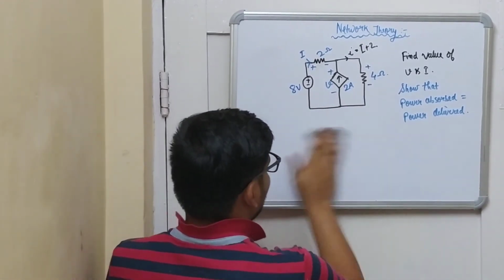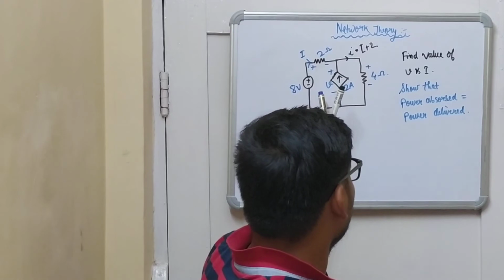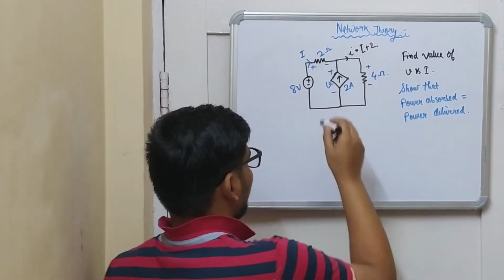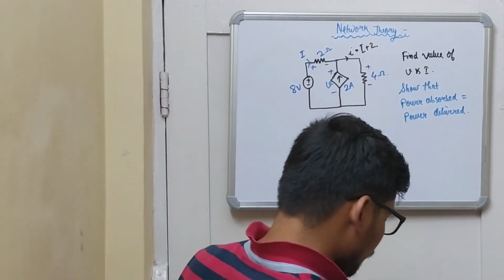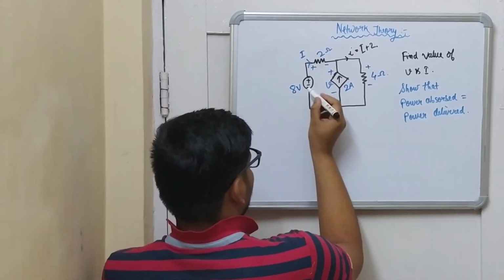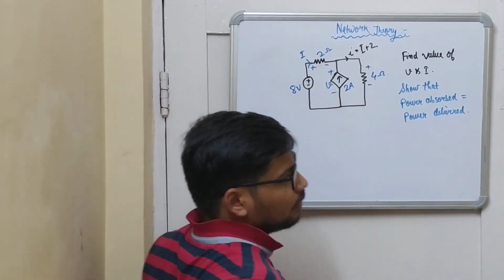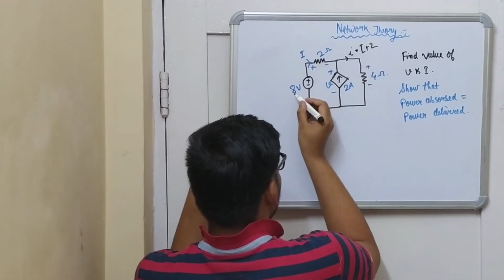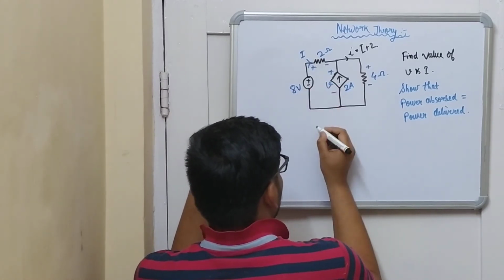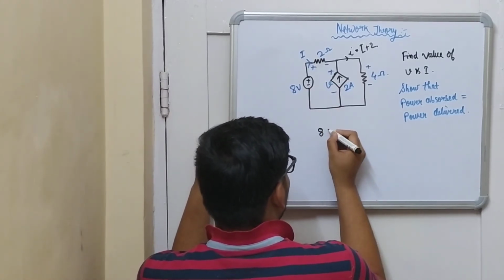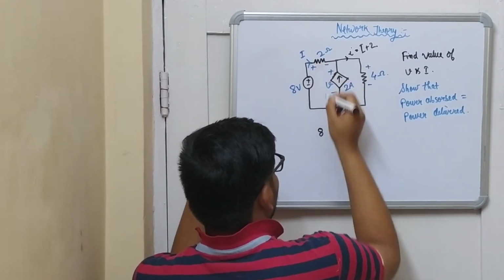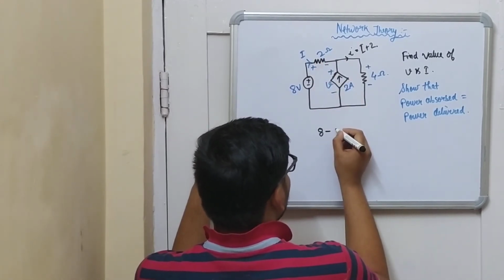Now let's apply KVL in this loop and in this loop. First, in this loop: moving from negative to positive I take as positive voltage drop, so plus 8 volt. Then plus to minus is negative voltage drop, minus 2I.